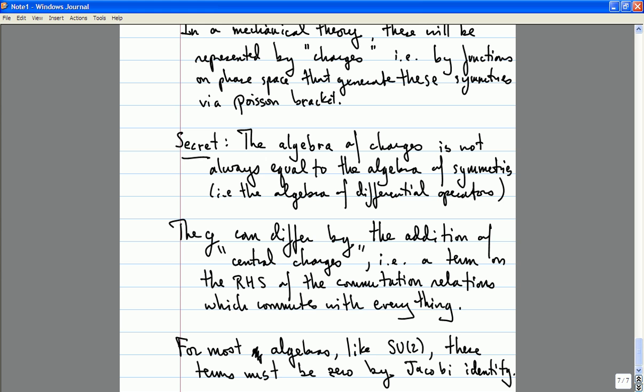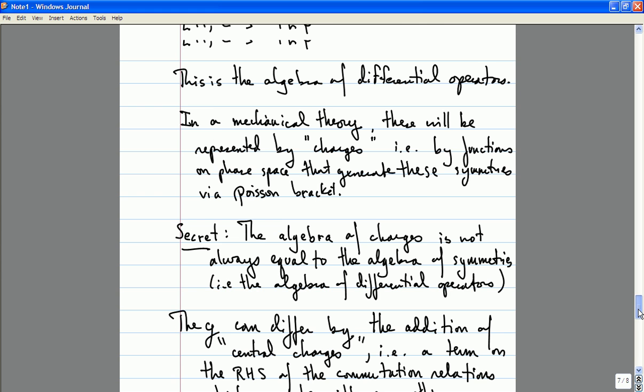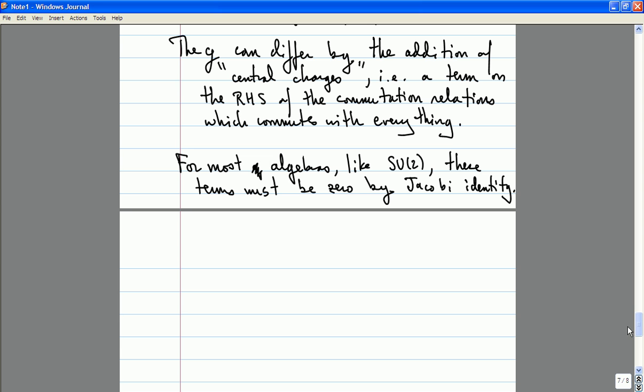But the Galilean group is the first example of a group that we have encountered for which such a term is allowed.